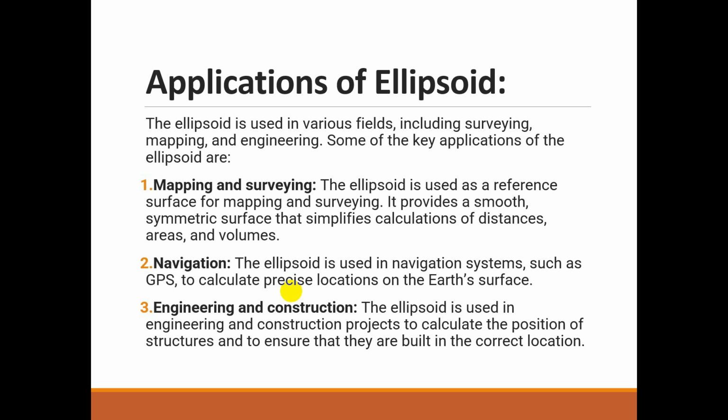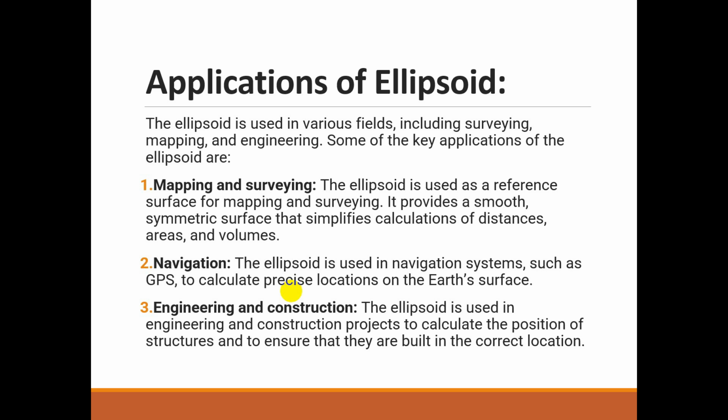Second, navigation. The ellipsoid is used in navigation systems such as GPS to calculate precise locations on the Earth's surface. Last, engineering and construction. The ellipsoid is used in engineering and construction projects to calculate the position of structures and to ensure that they are built in the correct location.